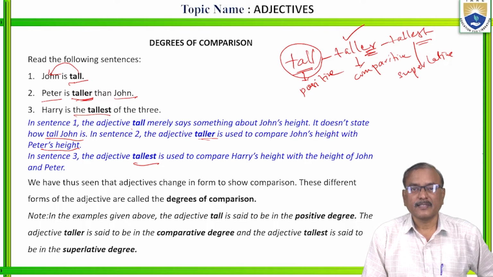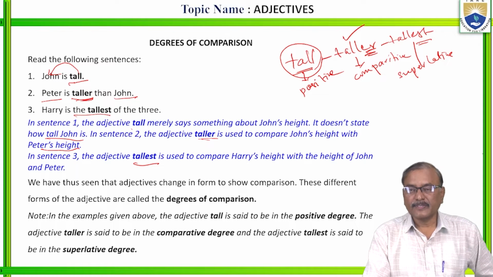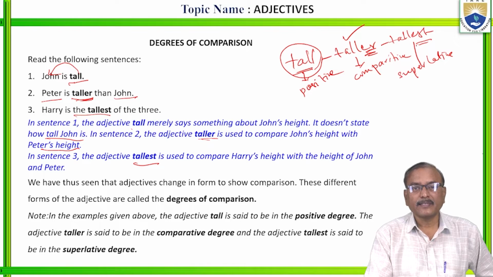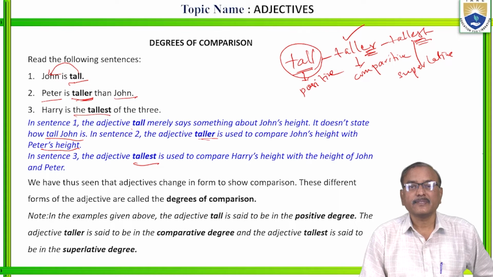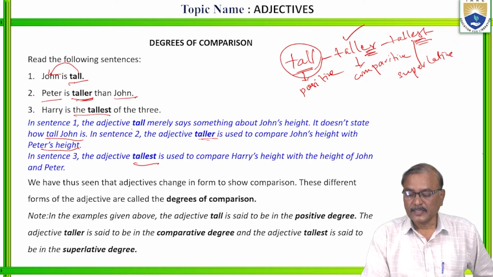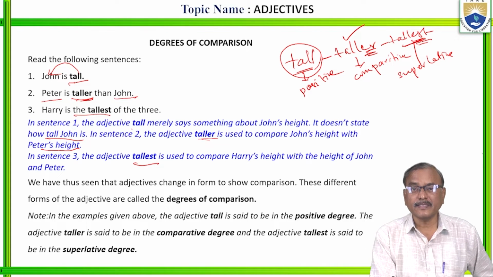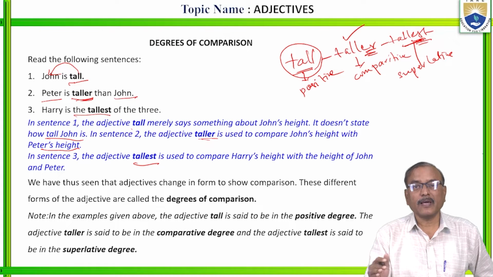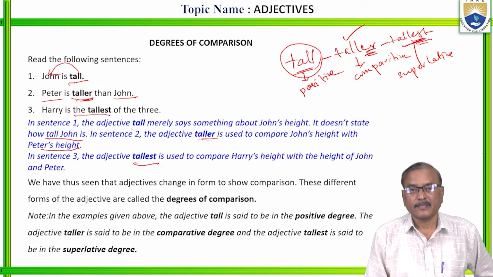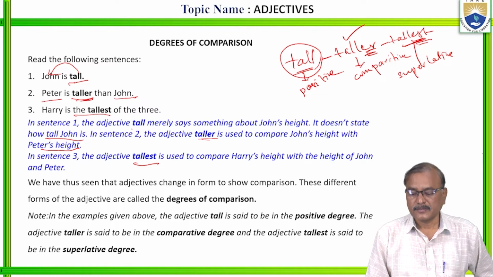And if the comparison is made among more than two people, more than two things, more than two places, here we use the superlative degree. So we have to remember this well. Superlative is used only when there is a comparison among more than two things, more than two people, or more than two places.